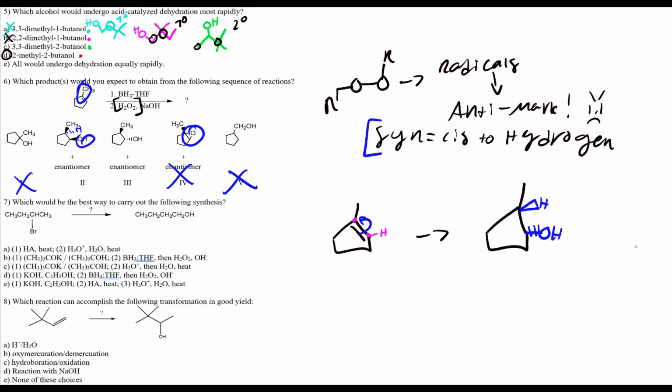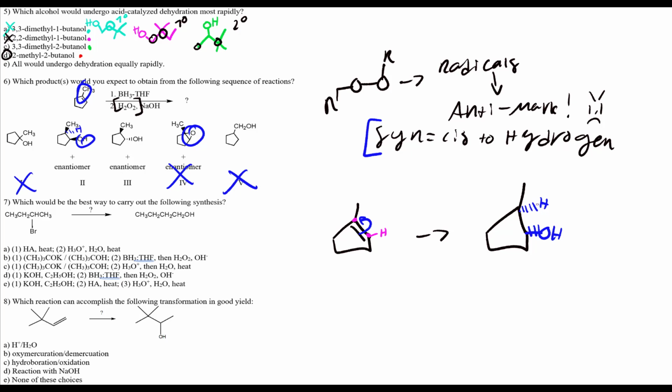Okay? So actually, this would be wrong right here. It should actually be a syn, right? So that should be a wedge or a dash. So notice that the alcohol is on the same side as the hydrogen.